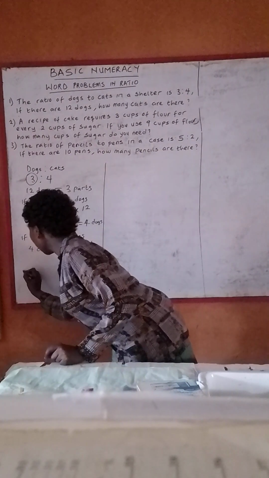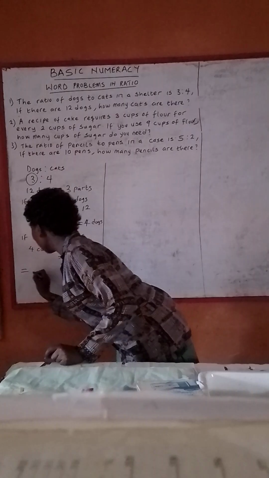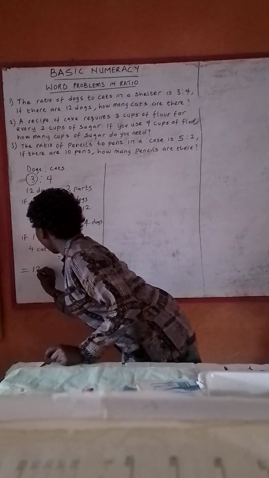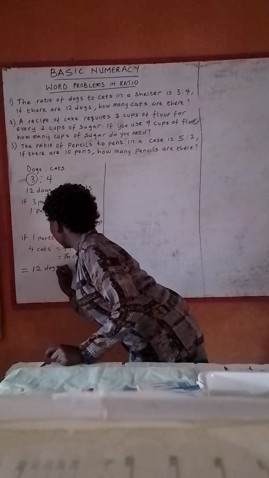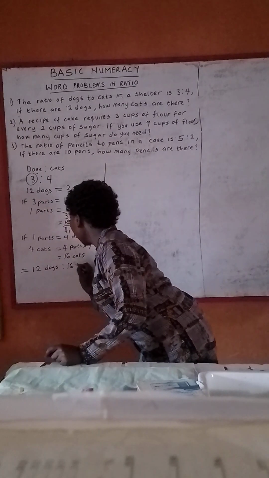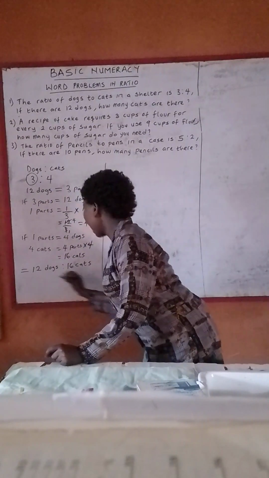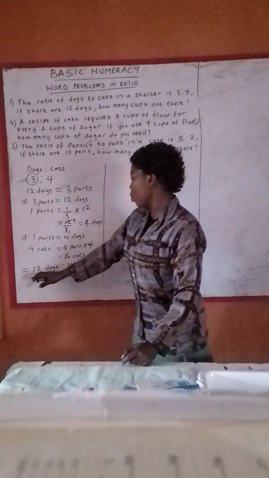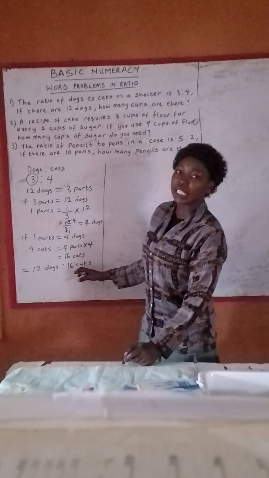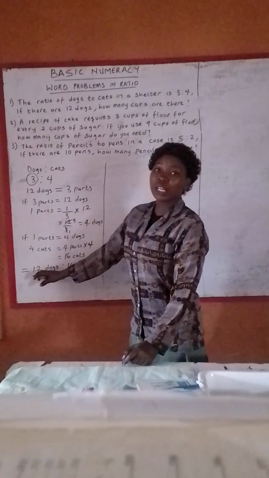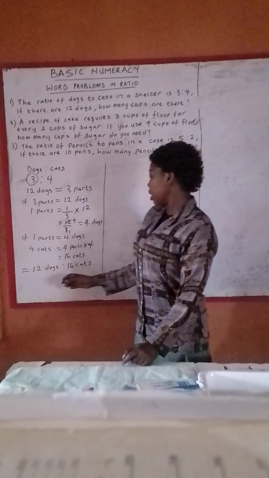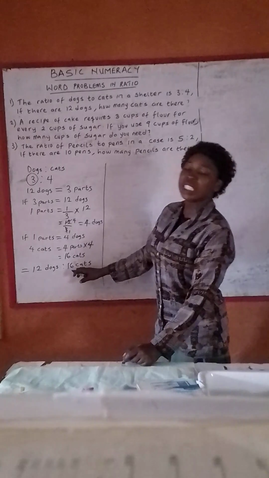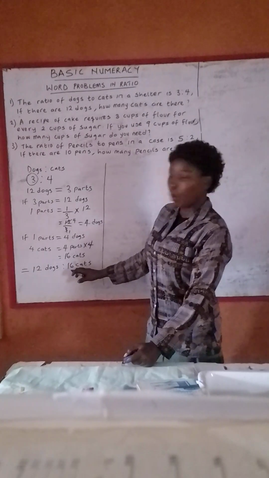So all this is implying that we have 12 dogs to 16 cats. By the time you simplify, what can we use to divide 12 and 16? If we use 3, 3 cannot go because 3 will not go into 16 completely, so we can use 4.